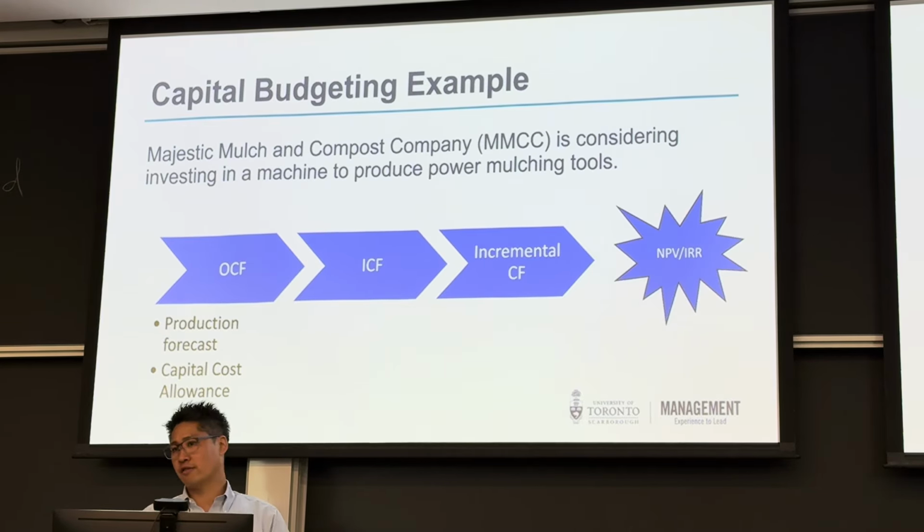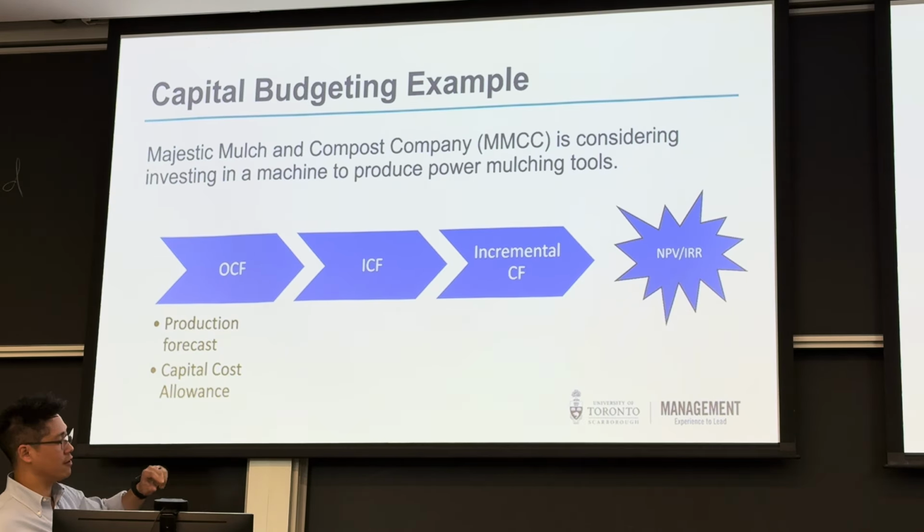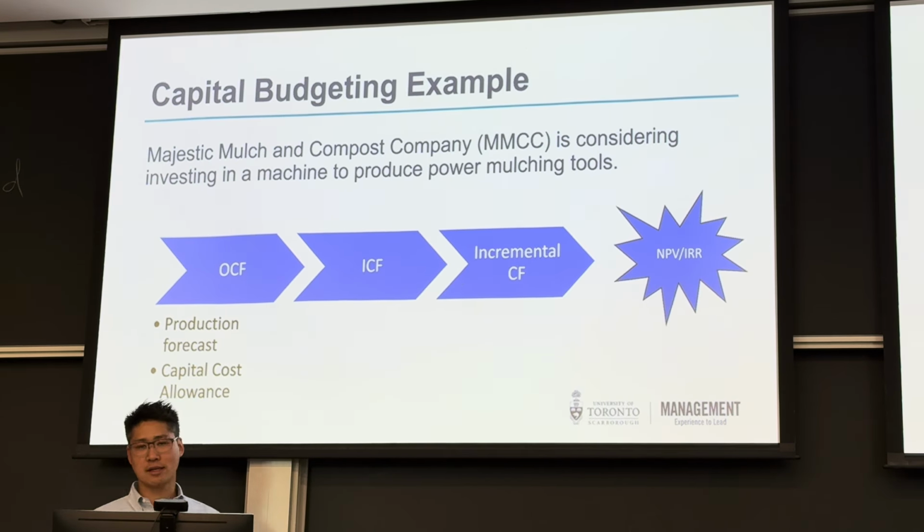No one can predict the future. So that's why this comes from your expertise in the business and trying to accurately predict what's going to happen. In the OCF table, you're going to see a few parts, including production forecast and capital cost allowance. Capital cost allowance is another word for depreciation, and I'll show you how this is done.